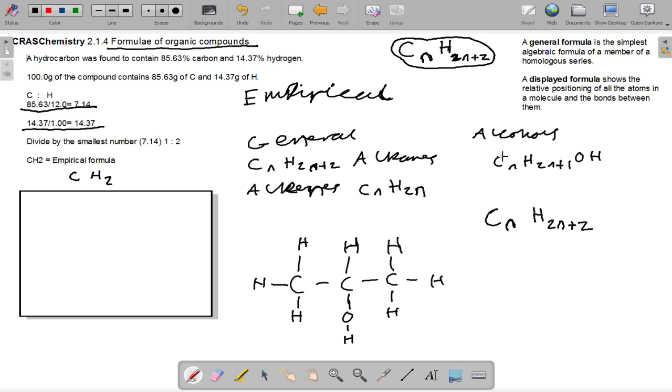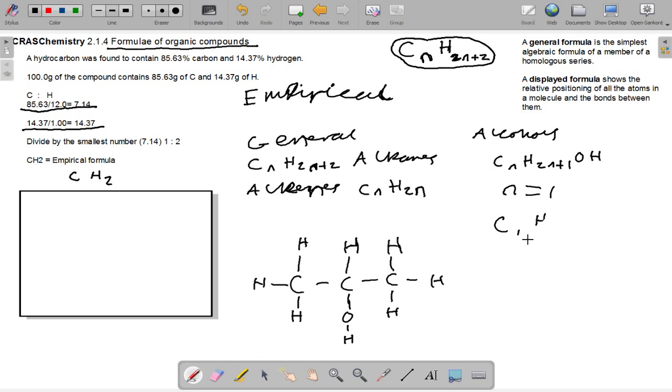So if we look at the alcohols now, CnH2n+1OH, and we can identify this one using the general formula. If we substitute n equals 1 now into it, we can go C1H 2 times 1 plus 1, and that equals 3, so 4.